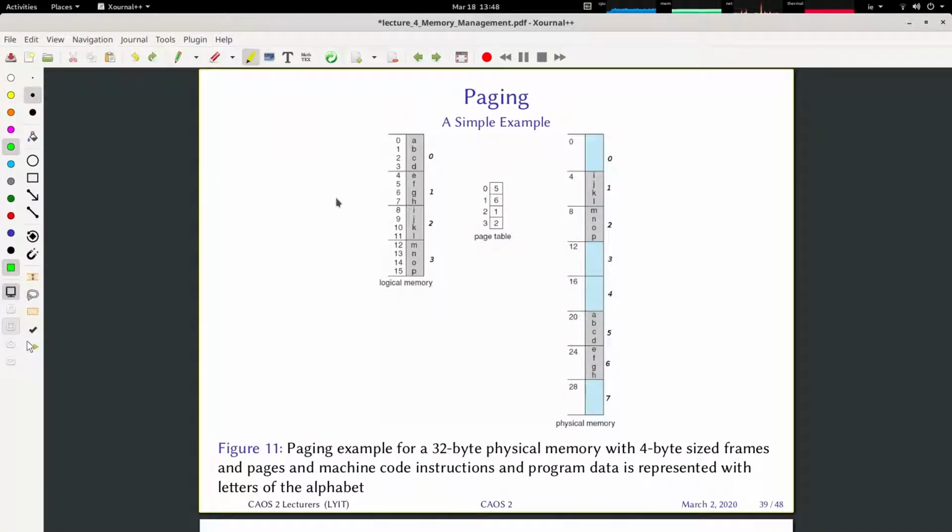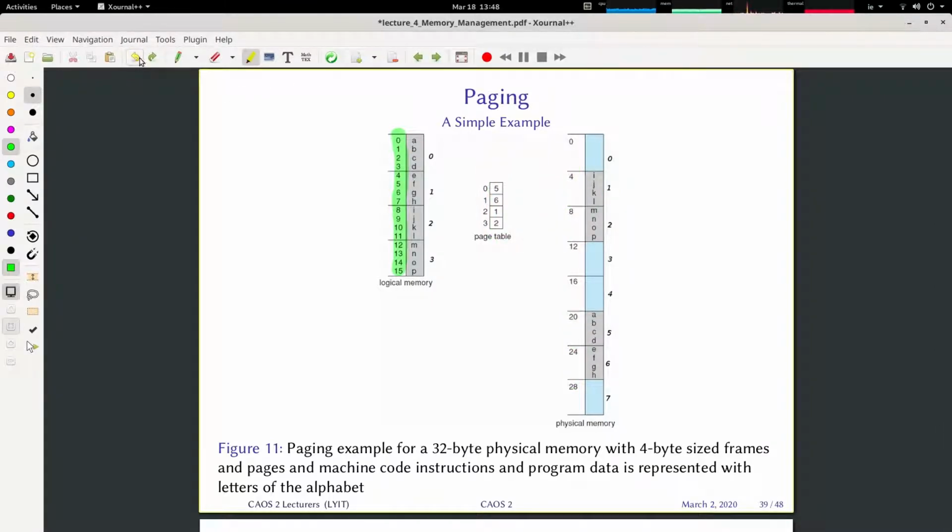When we were thinking about this diagram, we had a bunch of logical addresses which went from 0 through to 15, and they had to be mapped over here to the corresponding physical addresses in each of the frames stored in the page table.